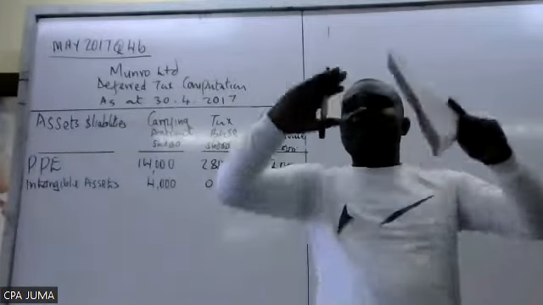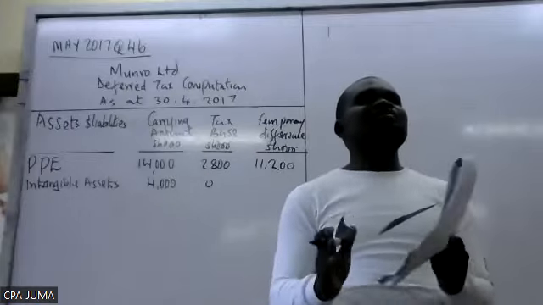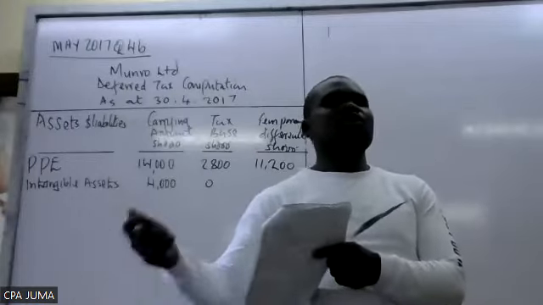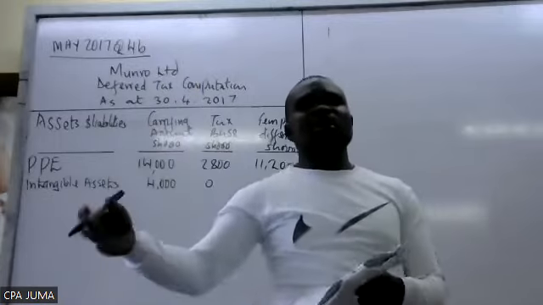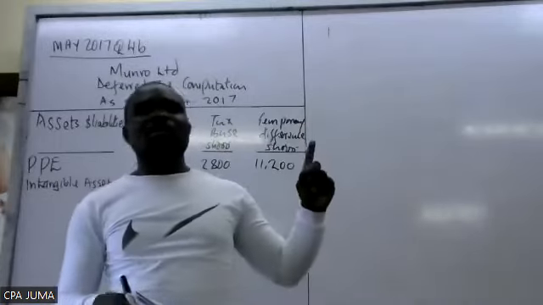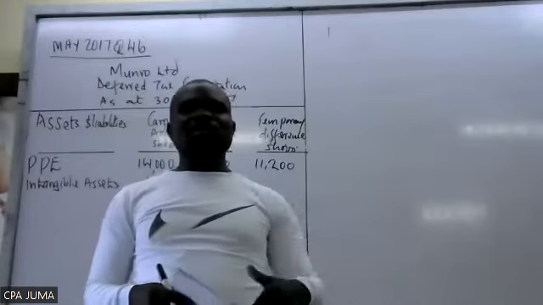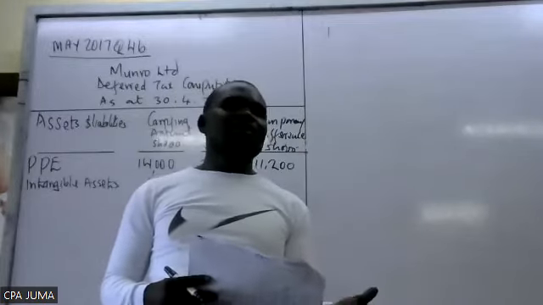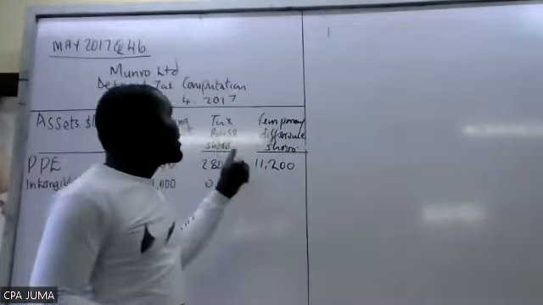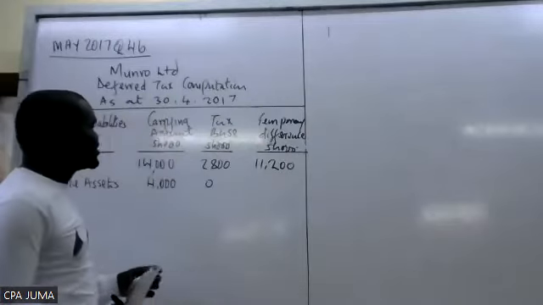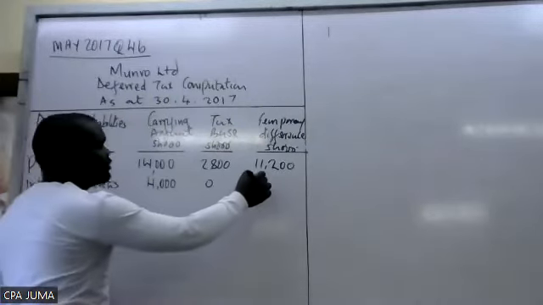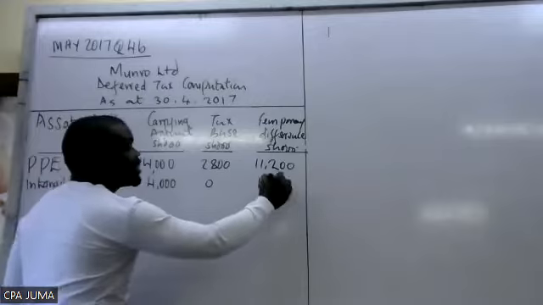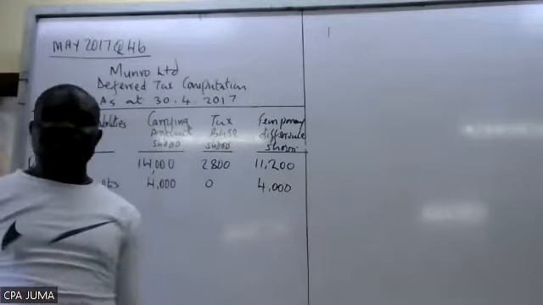Tax deductible means it's allowed for tax, so that cost should not be subject to tax when the amount is paid. The question is, when was the amount paid? 2014. So there is no tax base. But we are still seeing it having a book value. That book value must be assessed for temporary differences.